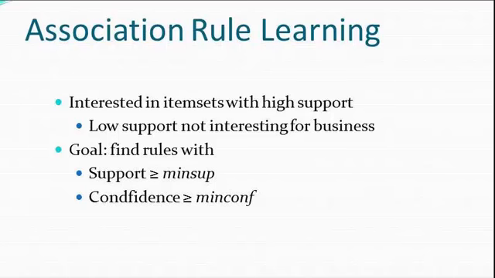We need the support to pass the minimum support, meaning they are outstandingly associated together. Next, I want the confidence to also have a minimum confidence set. That's how you set up your goal. After you know those goals, the job is the computer's job, and it's the algorithm, how you're going to count.